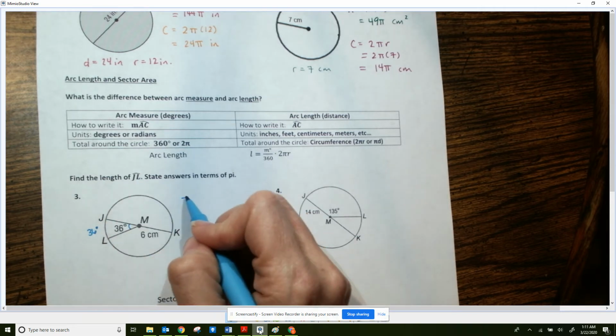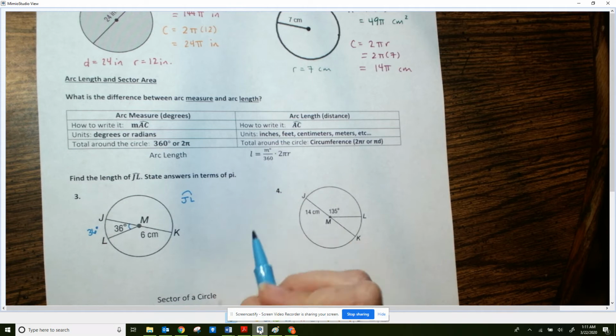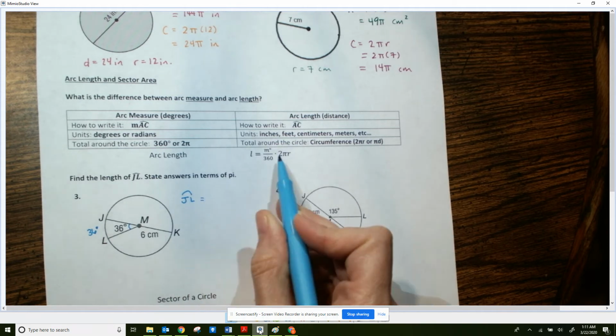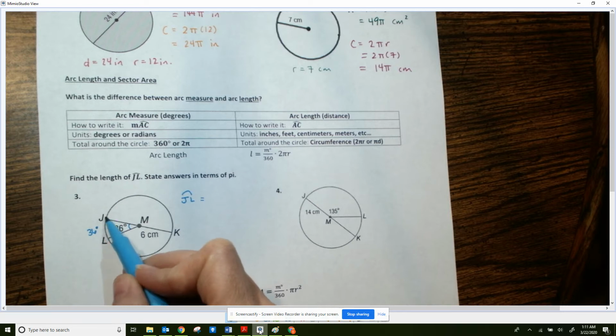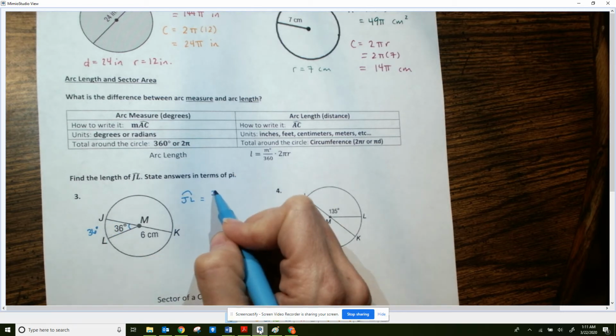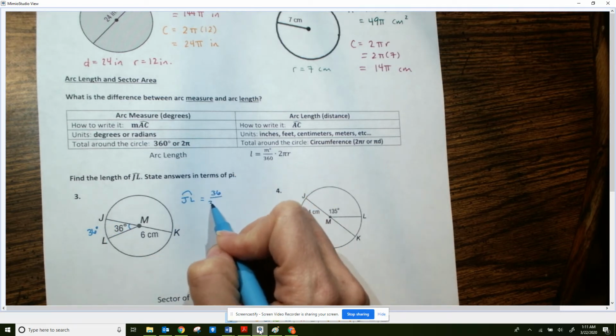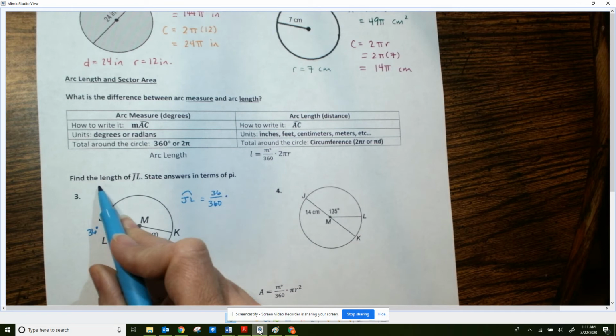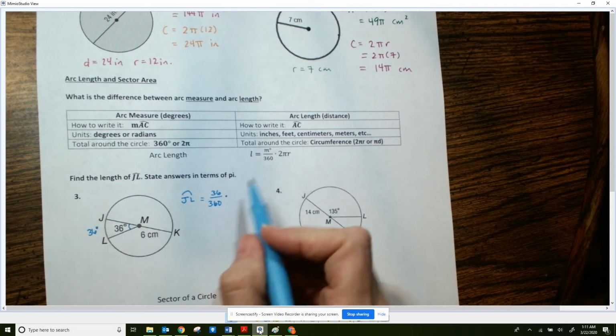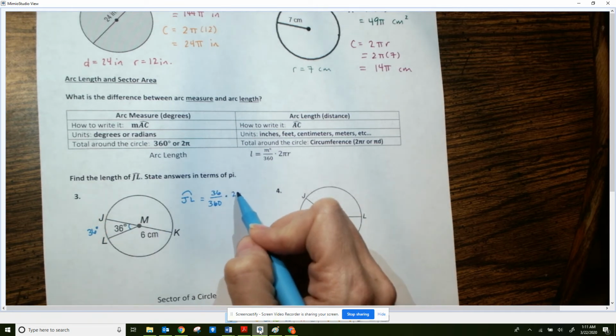Well, to find the length of arc JL, it's a piece of the circumference. What piece? Well, I only want 36 degrees of it. So if we do our 36 degrees divided by the total 360, that's the fractional piece of the circle that we want. And because it's length or arc length, we're going to do that times the circumference, 2 pi r.